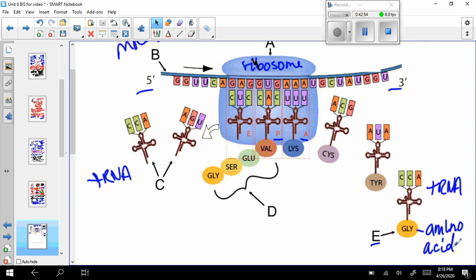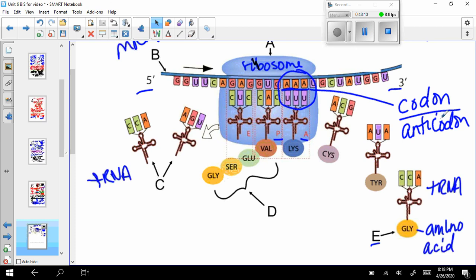They bring the amino acids to the ribosome. And when they bring it, what's happening is this interaction right here. This is the codon, AAA, from my messenger RNA, interacting with the anticodon, which is UUU, from the tRNA molecule.